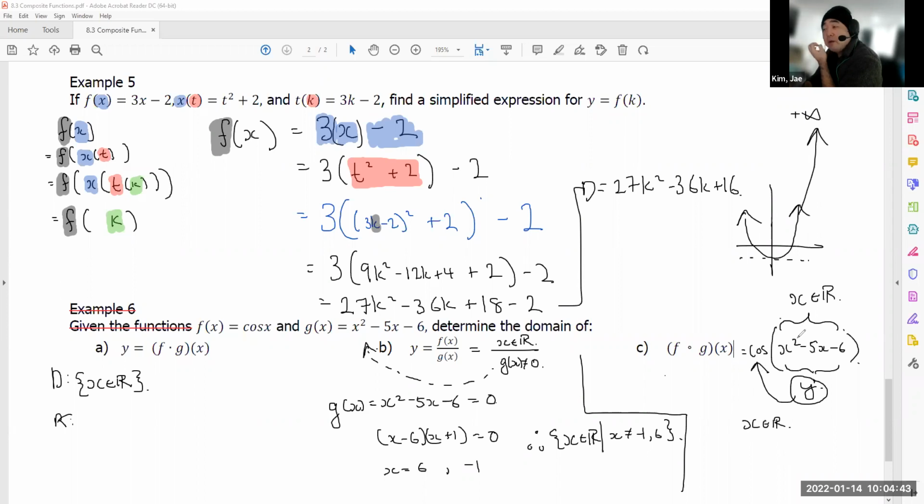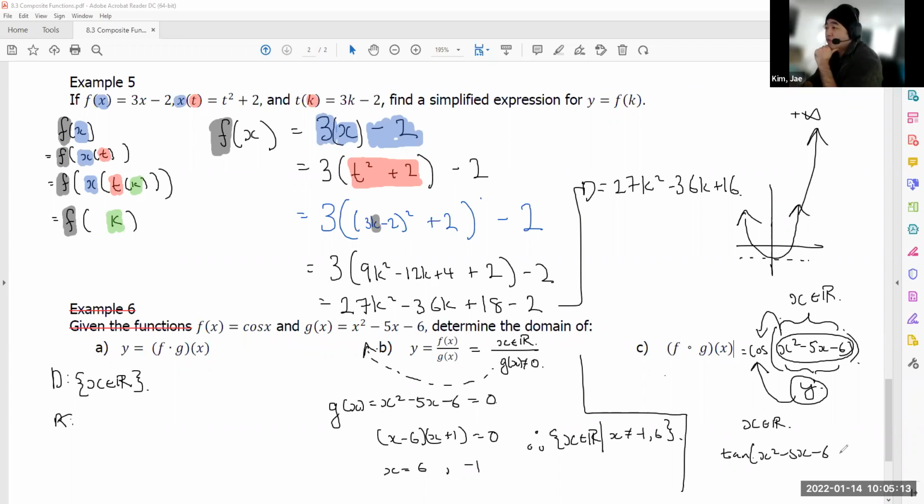The only time there might be a restriction is if the y value of this function somehow turns this into an error, which in this case it won't. But there are cases where it might. For example, what if I gave you a tangent of x squared minus 5x minus 6?